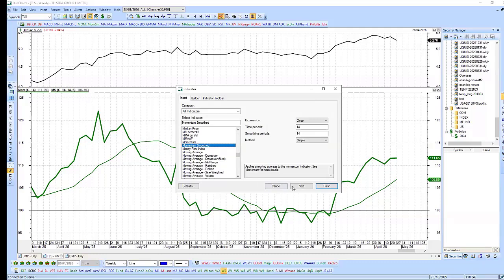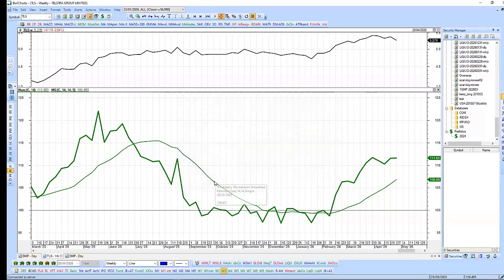It's not moving average of momentum. You could probably create your own indicator, moving average of momentum. That'd probably work. This one is called Momentum Smoothed. Anyway, that's my W3 toolbar button on the template toolbar.